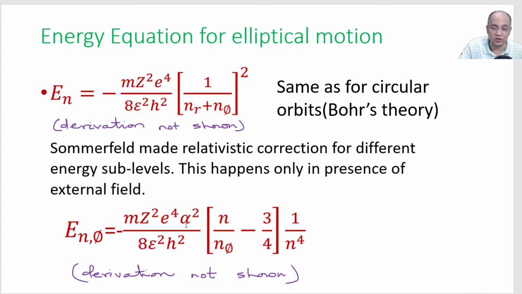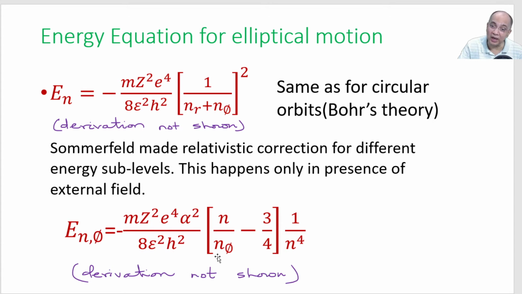Alpha is another constant. And here the variable term is n by n phi minus 3 by 4, into 1 by n to the power 4. This n is fixed for a given shell. Supposing for a given shell n is equal to 2, this is 2 here and this is 2 here, but n phi are different.